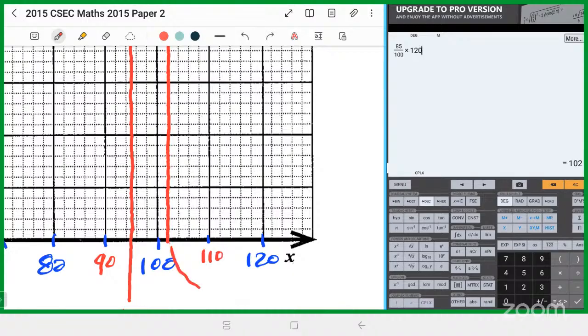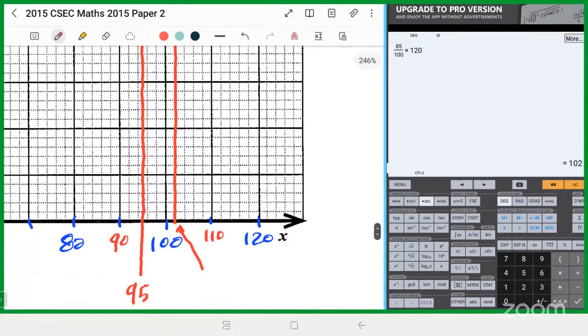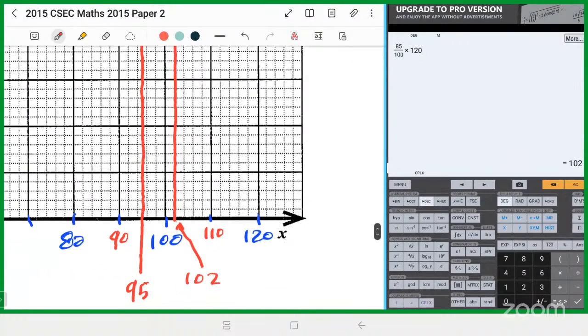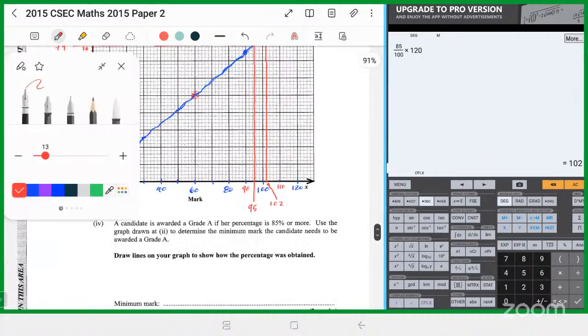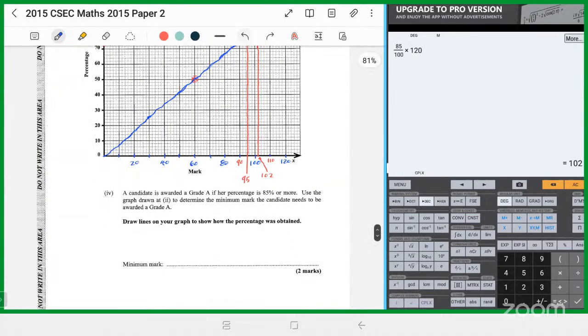See? 2, 4, 6, 8. That's 102, so correct. This corresponds to 102. So I'm going to put 102 down here. 102 marks. To get a grade A, the minimum mark you must get is 102. That is it, and the graph shows everything.